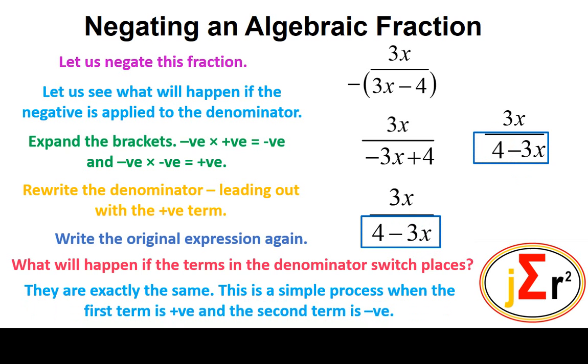This is a simple process when the first term is positive and the second term is negative. So if we have an expression that we need to negate, where the first term is positive and the second term is negative, when we negate the expression, it will have the same effect as if we just switch the terms. That is all that we are displaying right here.